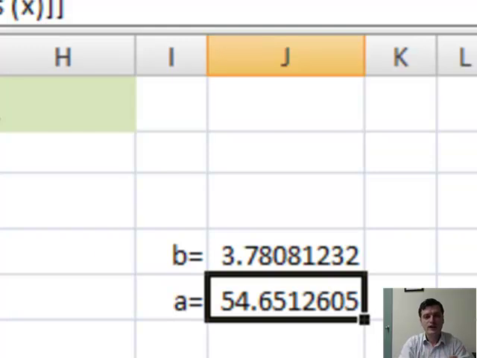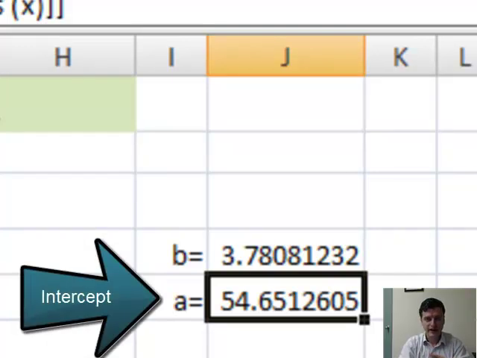So here's a quick interpretation of A and B. A is the intercept, or the constant. That is the point where the regression line intersects the y variable, or y-axis in the graph, regression graph, right? So that is the point of the dependent variable when the independent variable is 0.